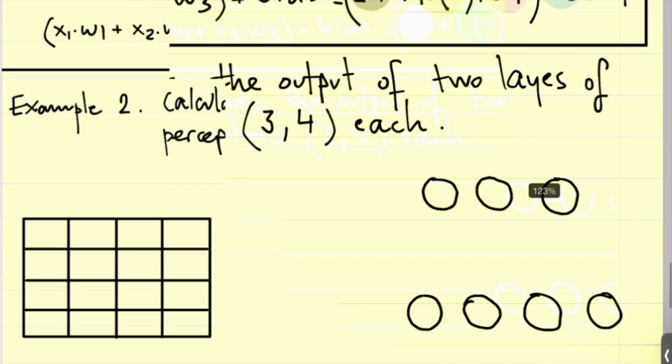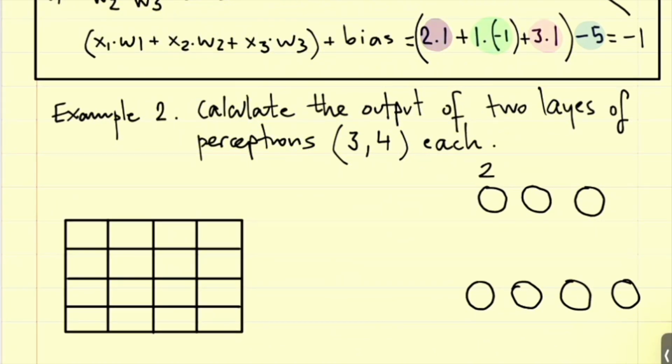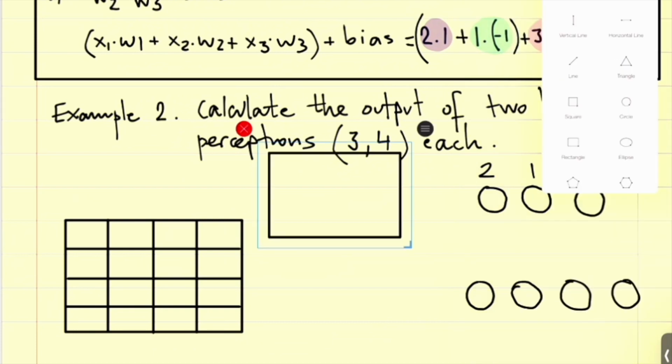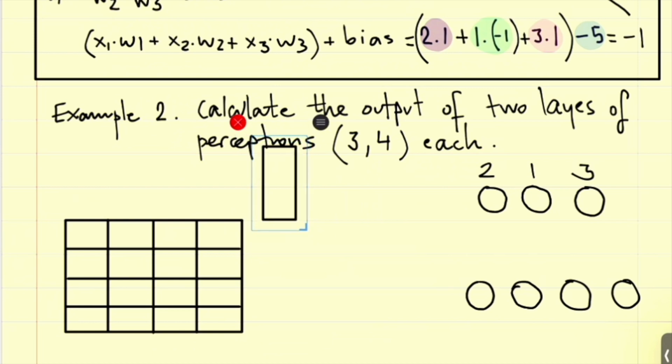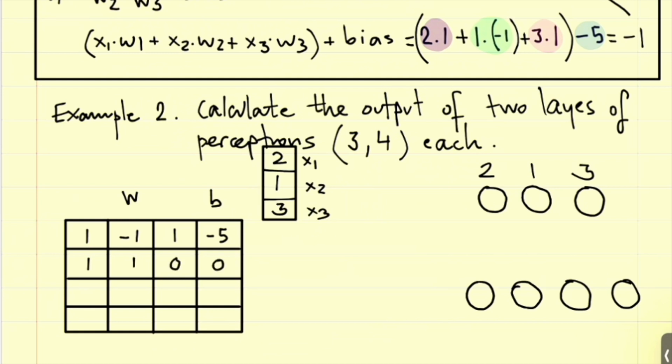The input values are 2, 1, and 3, and I need to deploy them here as well. Those are x1, x2, x3. Then we have a weight matrix W and a bias, and the weight matrix is like this. 1, the bias -5, 1, 1, 0, 0, 0, 1, 1, 1, and 1, 0, 1, -2.